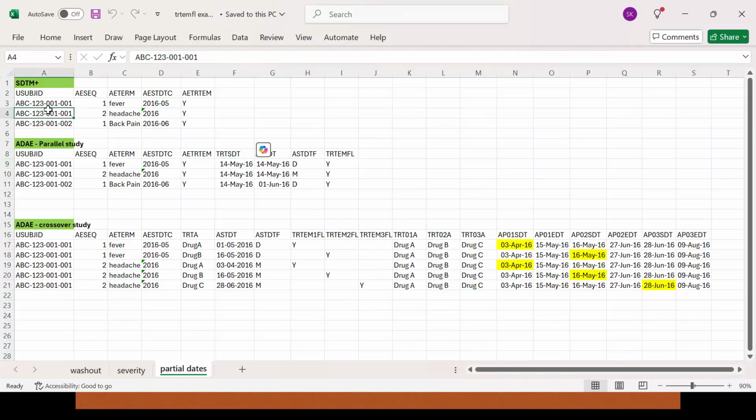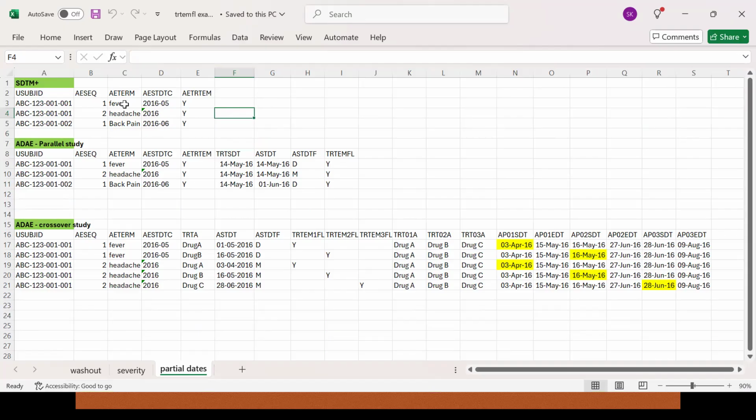So right now I'm showing you a dummy data, that is the dummy data for adverse event, SDTM adverse event for two of the subjects, subject 1 and subject 2. Subject 1 has experienced two adverse events. One is fever and the other is headache. And the second subject has experienced one adverse event, which is back pain. If you notice here that the AE start date for all these adverse events is partial.